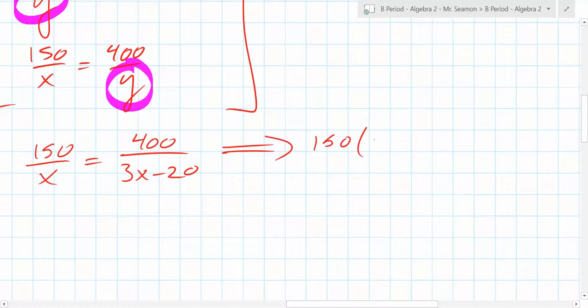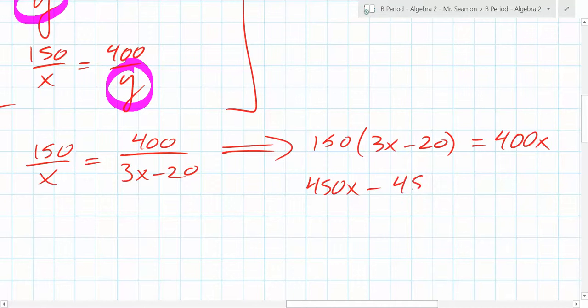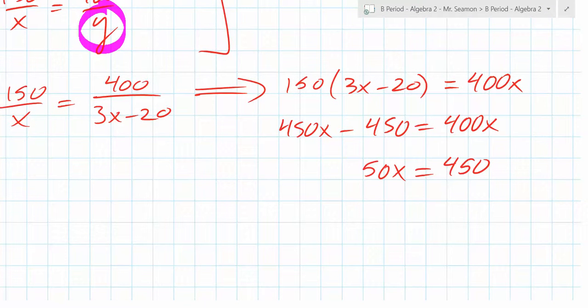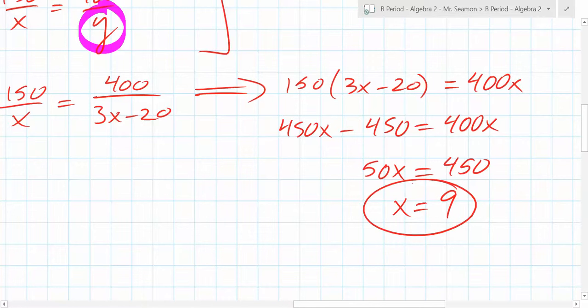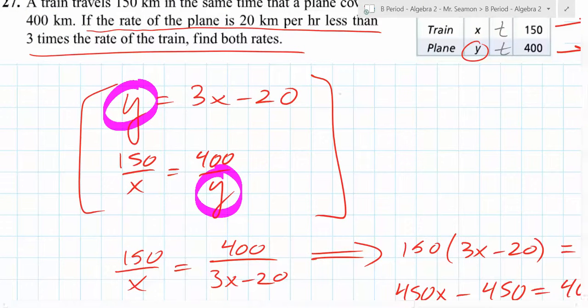If we cross multiply, what do we end up with? 150 times 3x minus 20 equals 400x. So 450x minus 450 equals 400x. Subtract 400x and add. So what do you get? 50x is equal to, how many 50s are in 450? x equals 9. Once we get x equals 9, we know what y equals.